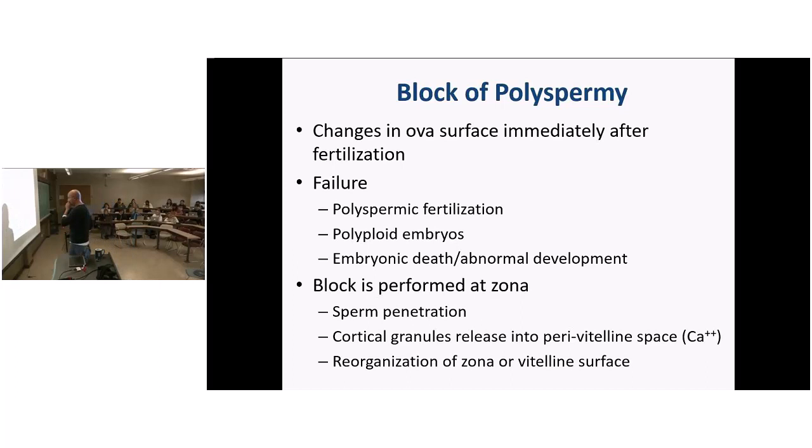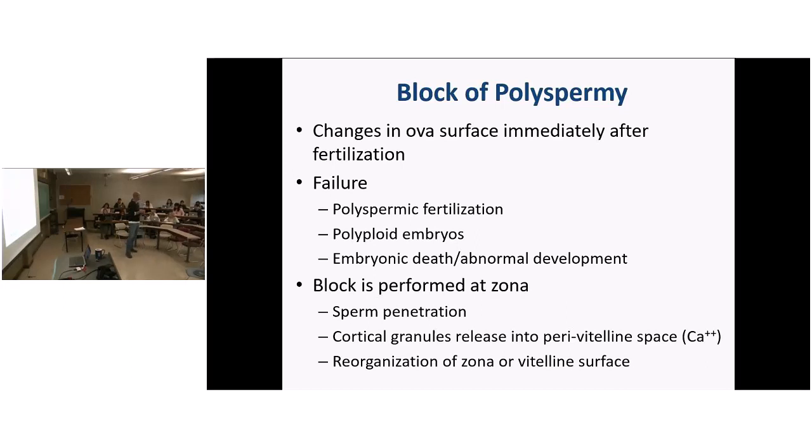The block is performed at the zona pellucida. By the time the membrane of the sperm cell fuses with the cytoplasm of the oocyte, that triggers a reaction in which you have an influx of calcium in the cytoplasm of the oocyte.